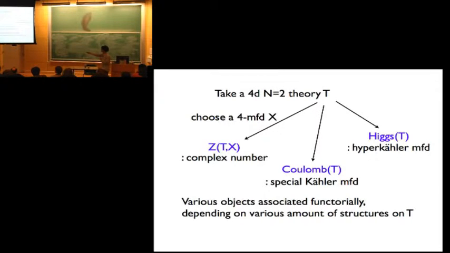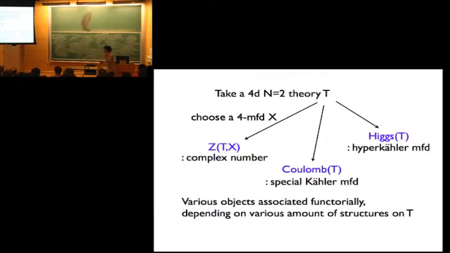The Higgs branch of this N=2 theory doesn't depend on the coupling constant. The behavior of the partition function Z on X depends on X. For example, if you choose X to be S^4, then the partition function depends on the coupling constant of this N=2 theory. But if you choose X to be S^3 times S^1, it is known that the resulting complex number doesn't depend on the coupling constant of this gauge theory. So you can extract various types of simpler objects out of this very complicated, yet to be defined mathematical object.